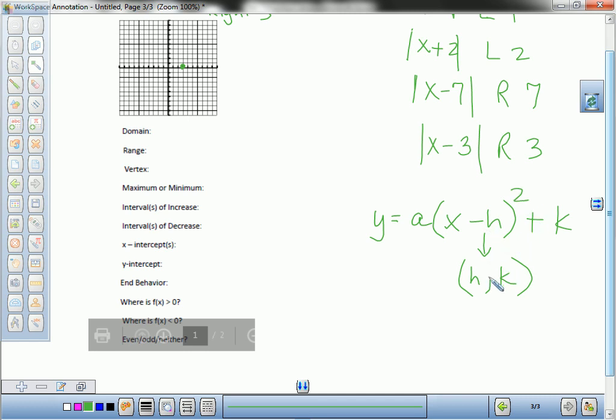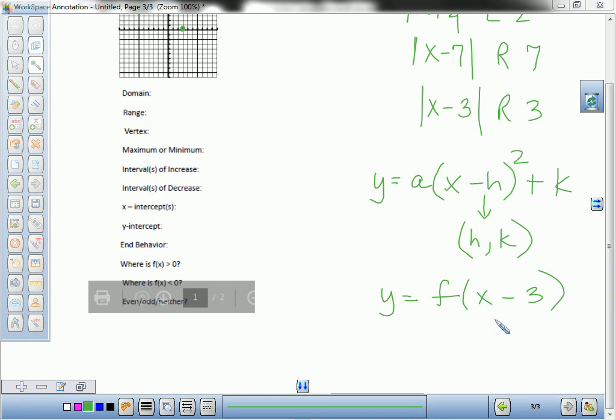Okay? So with every function, when you guys take the SAT or the ACT, they're going to talk about transformations. They're going to say, how does that move the function? And you're going to be able to say, right 3 units, because it's inside with the x.